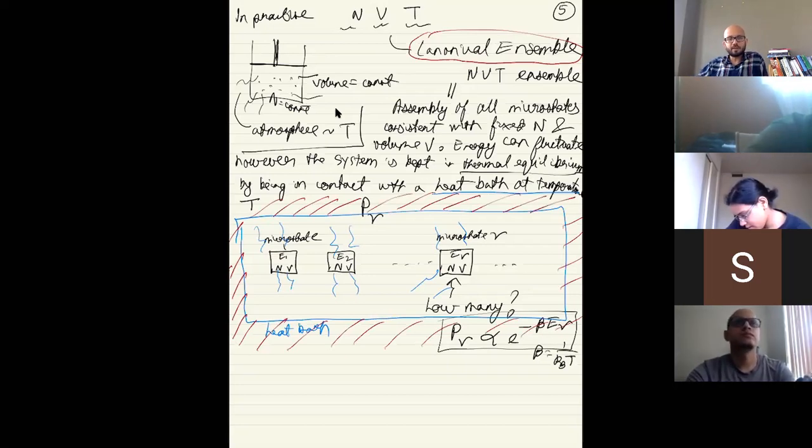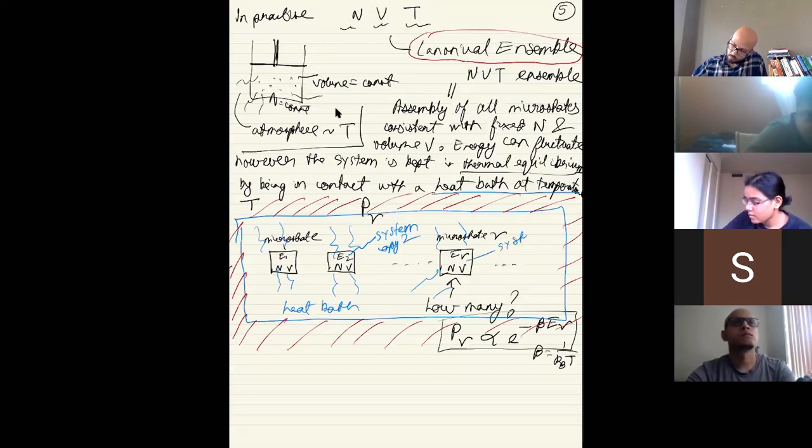So we have done something interesting here. A good idea might be to write this heat bath inside before we get confused. So this is our heat bath. And this now is our system copy nu. So we have different copies of the system in thermal contact, in thermal equilibrium with a big heat bath.